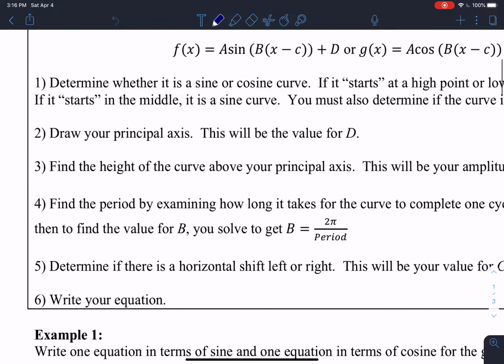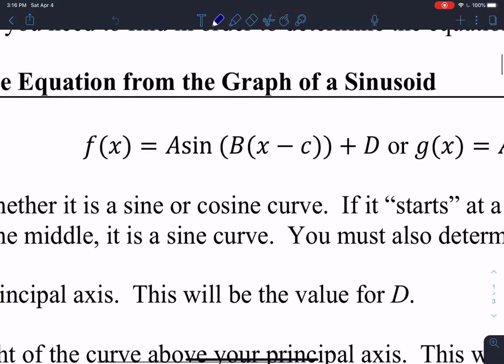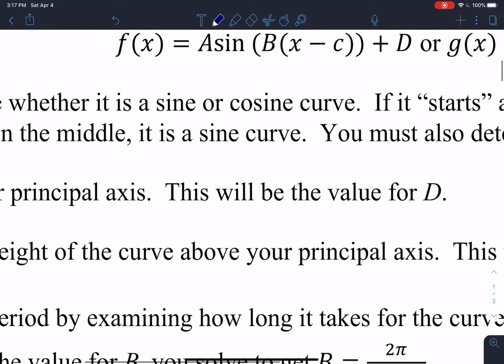The second point is figure out where your axis is. This is the value for D. In the standard form for sine and cosine, your axis is going to be the value for D. So if you have a vertical shift up or down, that'll tell you where the axis is. It's typically in between the highest and lowest points.